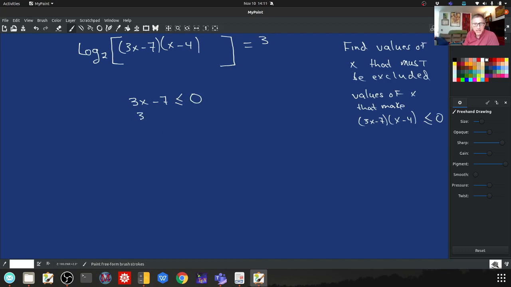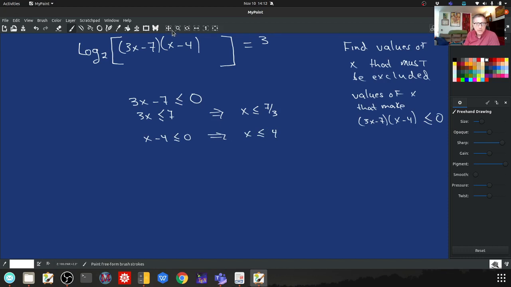So this is 3x less than or equal to 7. That implies that x is less than or equal to 7/3. And x minus 4 is less than or equal to 0, which implies x is less than or equal to 4.